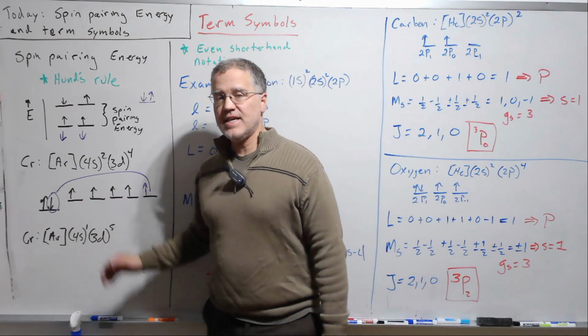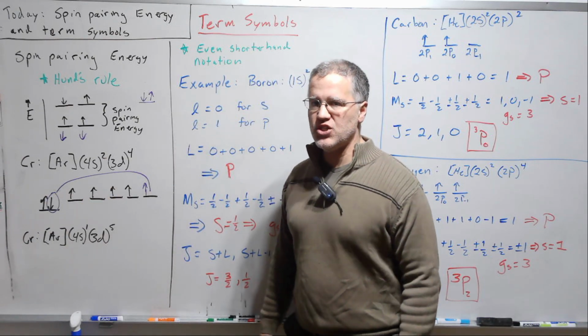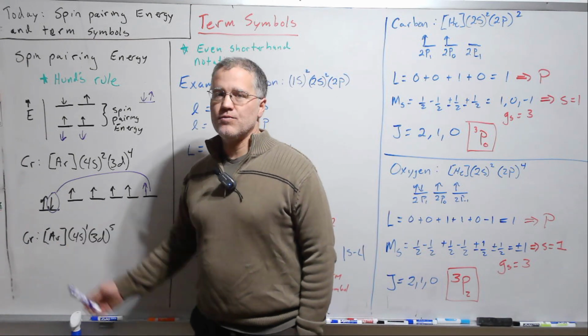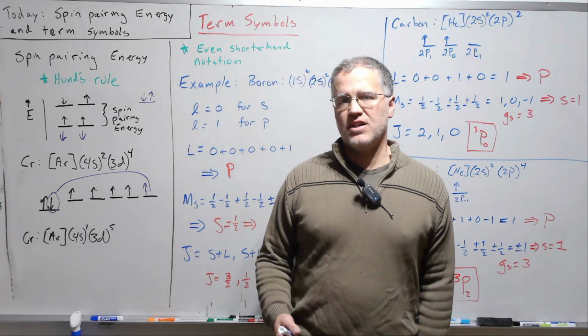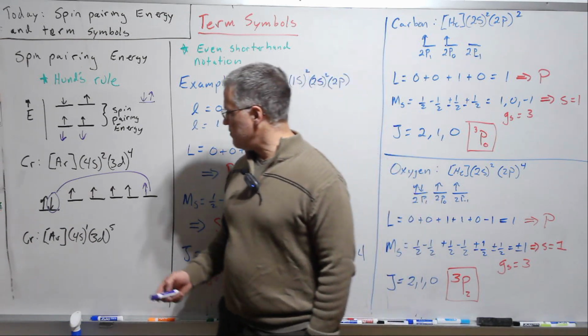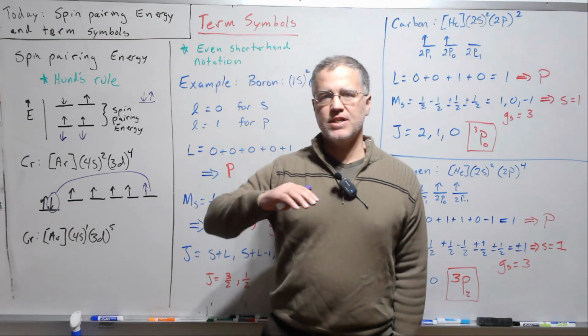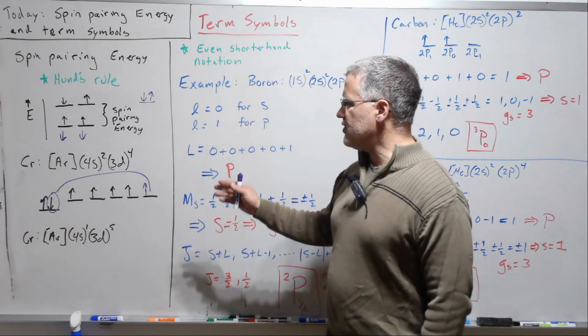We also, in this case, get a partially filled d shell, which is relatively stable. And all of our spins align, which optimally satisfies Hund's rule. And so the nature of spin pairing energy can help us determine the ground state.